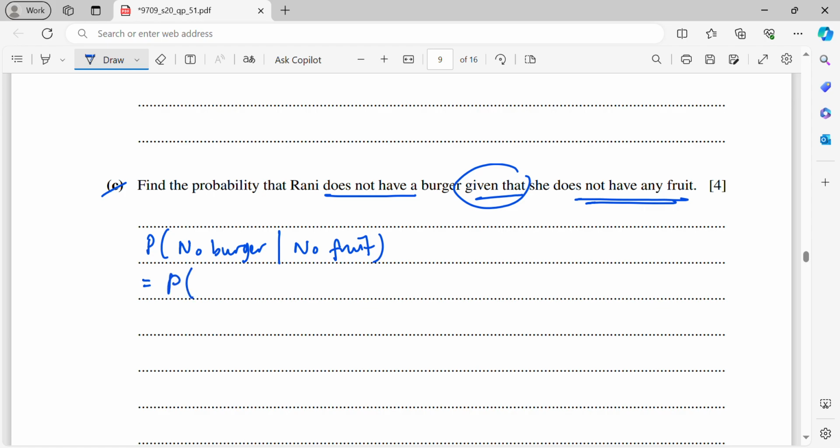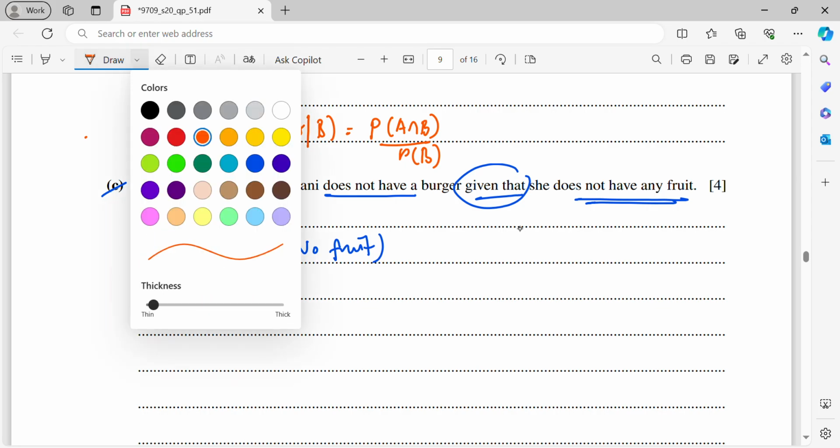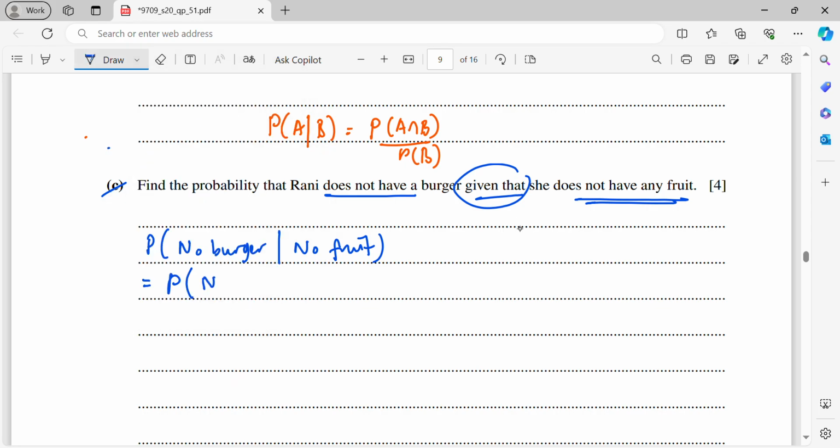So here, for your information, P(A|B), this is a conditional probability formula, that is P(A intersect B) over P(B). Alright, that means now here I'm getting no burger and no fruit over P no fruit.